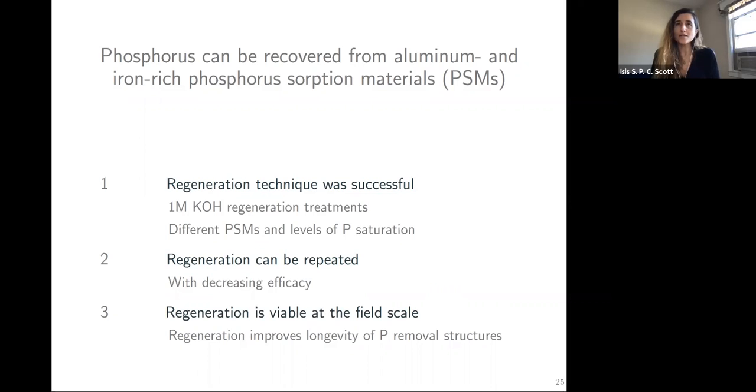Once the PSM is saturated again after one cycle of regeneration, we can regenerate it again, but with decreasing efficacy. And the regeneration is viable at the field scale with the volumes that we tested, which means in practical terms that the treatment that we developed is able to improve the longevity of PSMs in phosphorus removal structures.